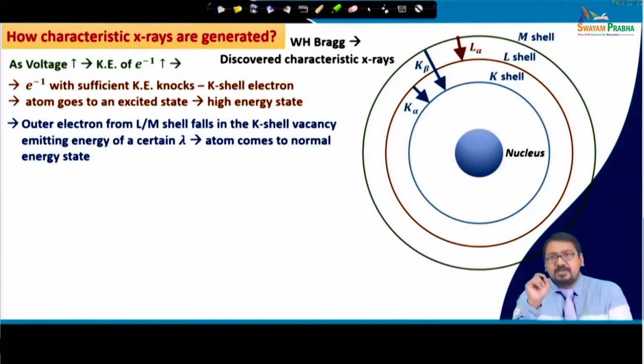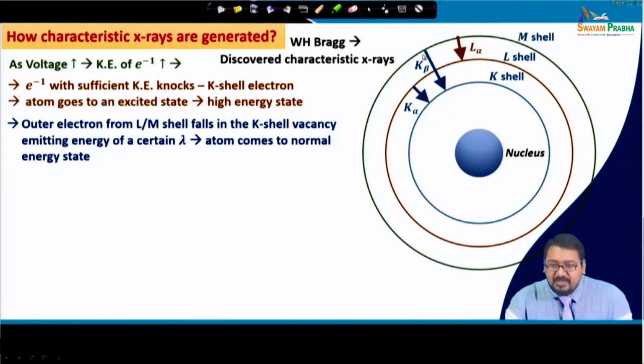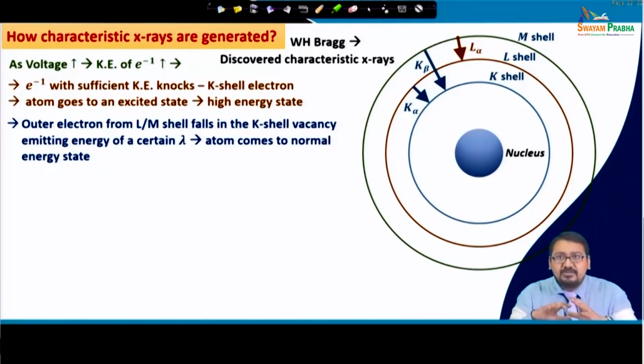And when it goes to the higher energy state, in order for the atom to come to the normal state, an electron from the outer electron shell, say for example from the L shell or from the M shell, falls on the K shell vacancy to dissolve this vacancy, and in this process emits an energy of a certain wavelength, and the atom comes to the normal energy state again.